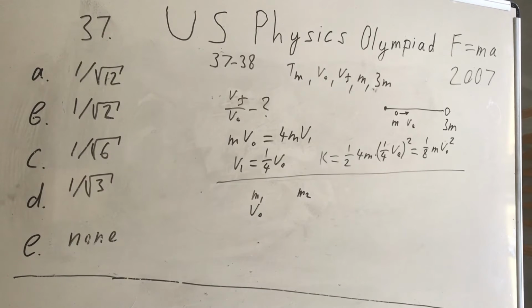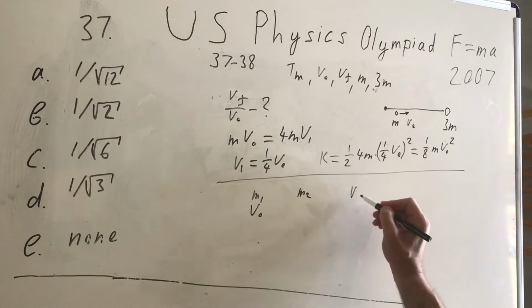It's a good idea to know the final formulas, just to memorize them, because we can use them in many problems. What are the velocities for these masses after a perfectly elastic collision? The formula looks like this.